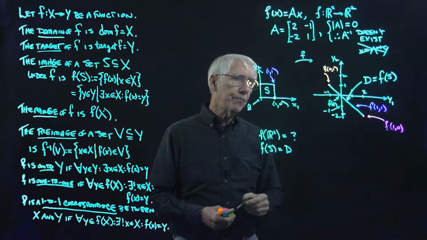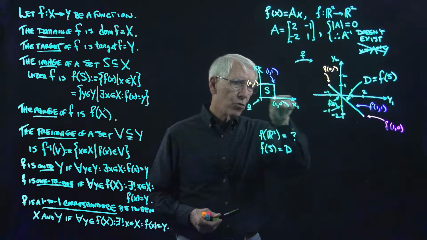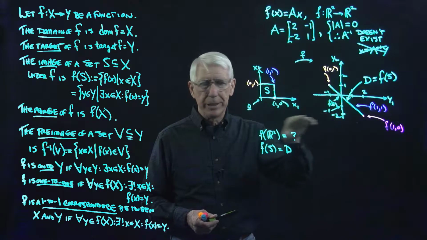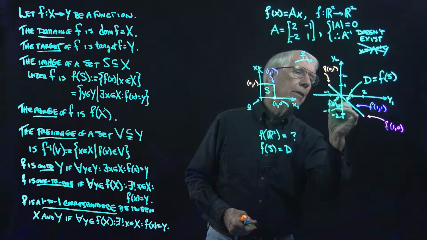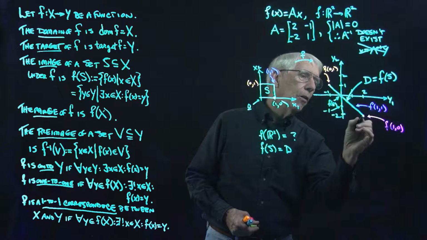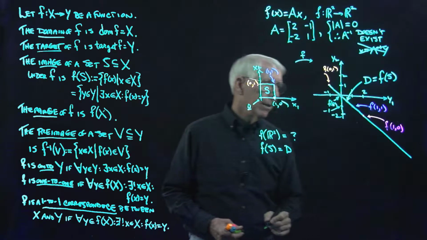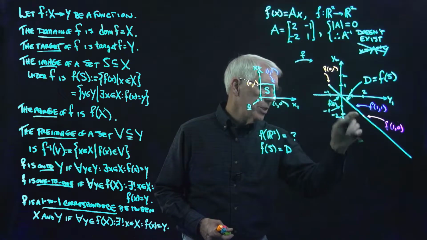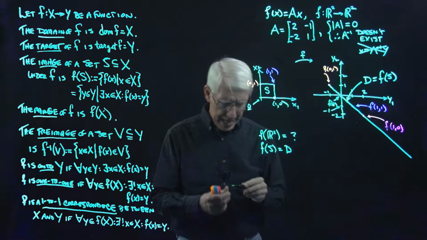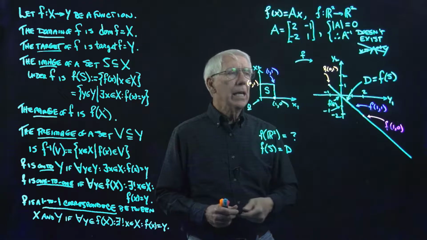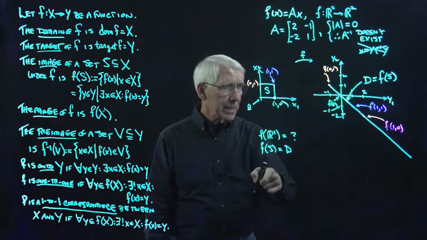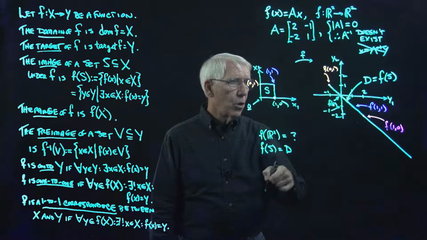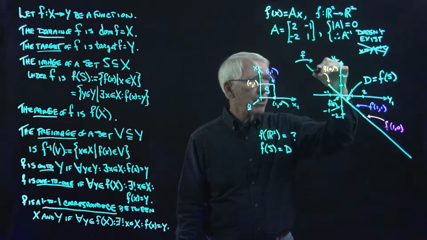Well, the image of the x1 axis, I won't draw it like we did the first time, but the image of the x1 axis is everything from the origin all the way out here on this line. It's multiples of f of 1, 0, which you can just barely see there now. And the image of the x2 axis is going to be everything on this line also.